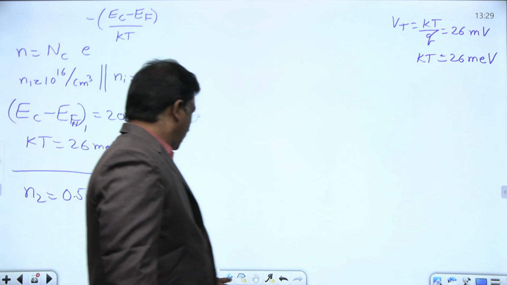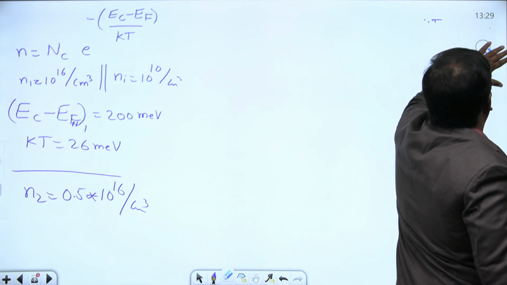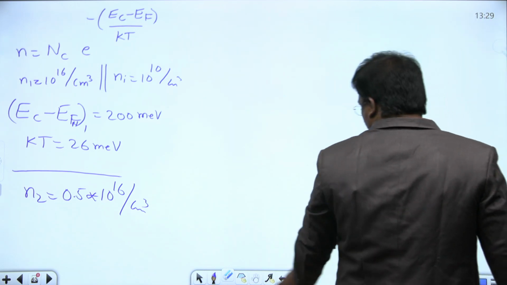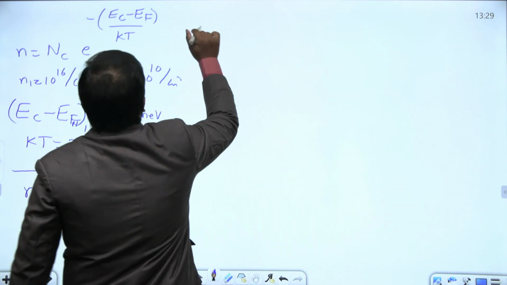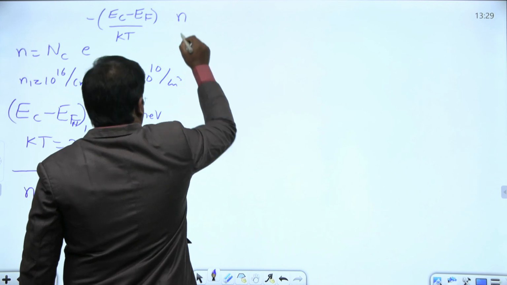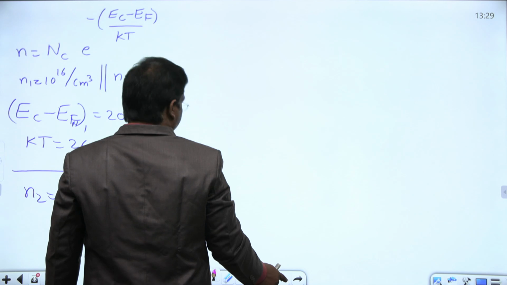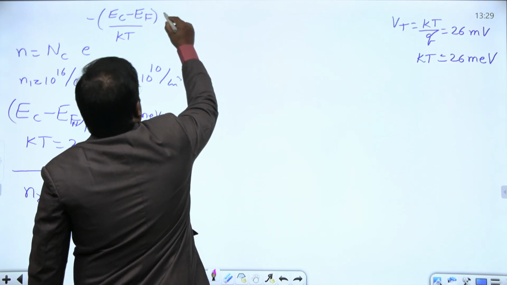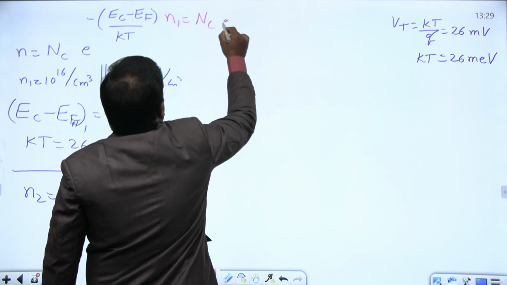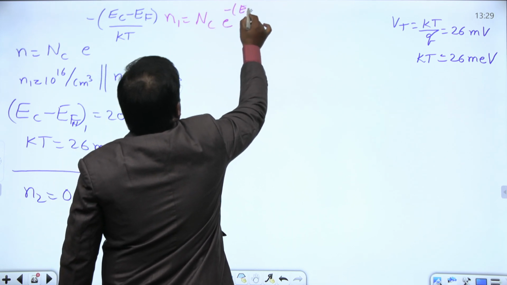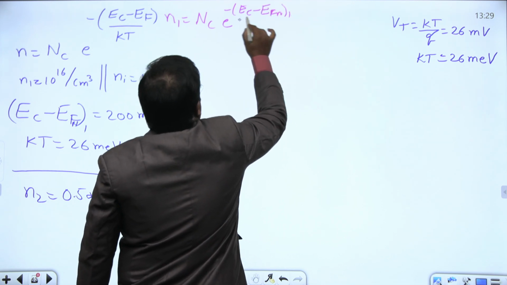Let us try to derive something here, making use of these conditions. N1 equals Nc into e power minus (Ec minus Ef of first condition) by Kt.